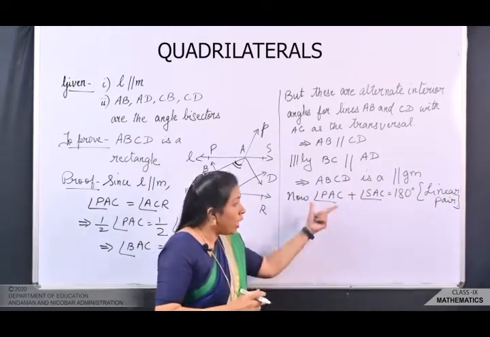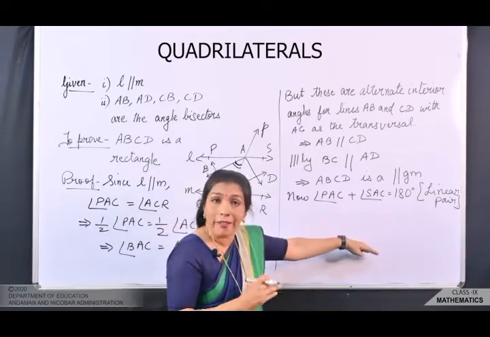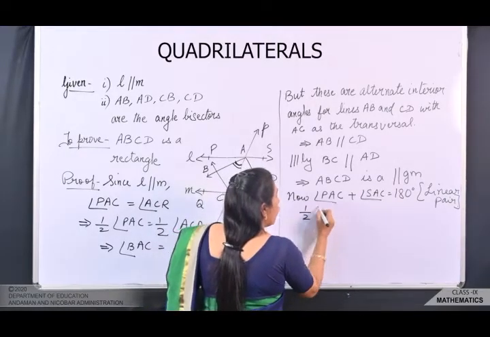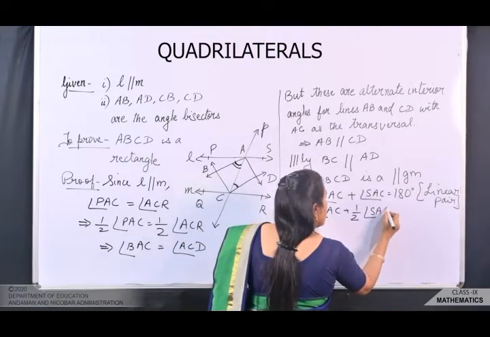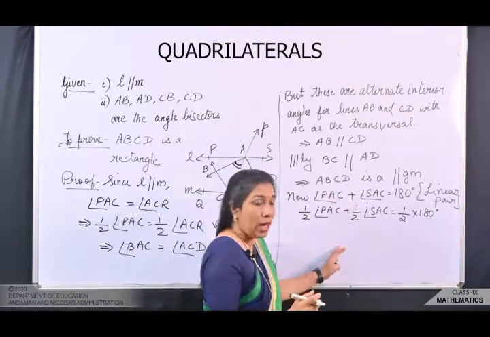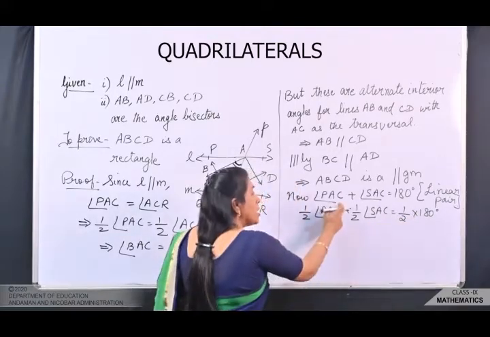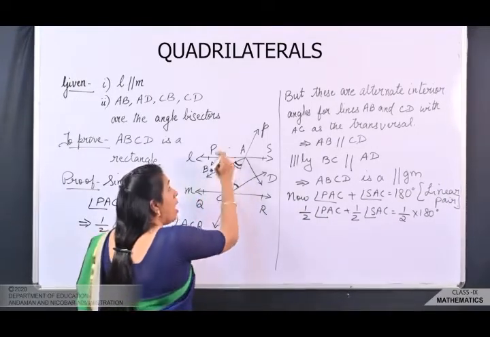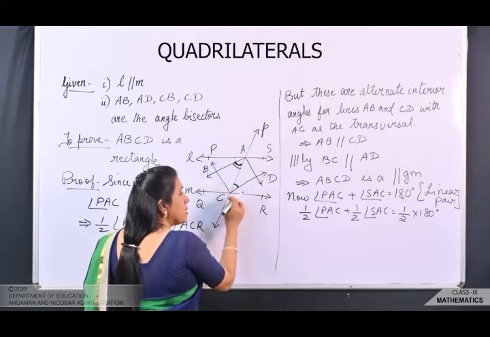Okay, now if we are introducing a half to both the sides, LHS and RHS, the value will not change, है ना? तो हम यहाँ क्या करेंगे? Half of angle PAC plus half of angle SAC is equal to half of 180 degree. Okay, why are we doing it? Because we have to make it 90 degree, isn't it? So here, instead of half of angle PAC, हम क्या लिख सकते हैं? यहाँ पर देखिए, same again, यहाँ पर half of PAC की जगह पर हम ये angle लिखेंगे, that is BAC.